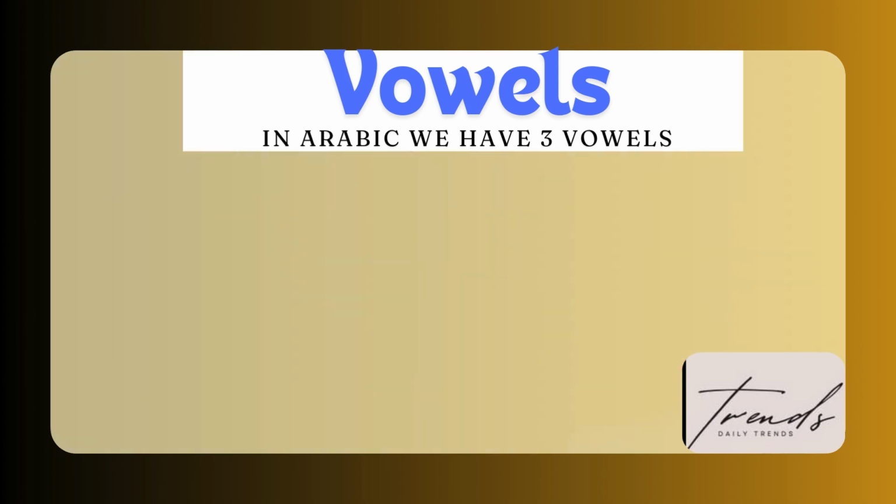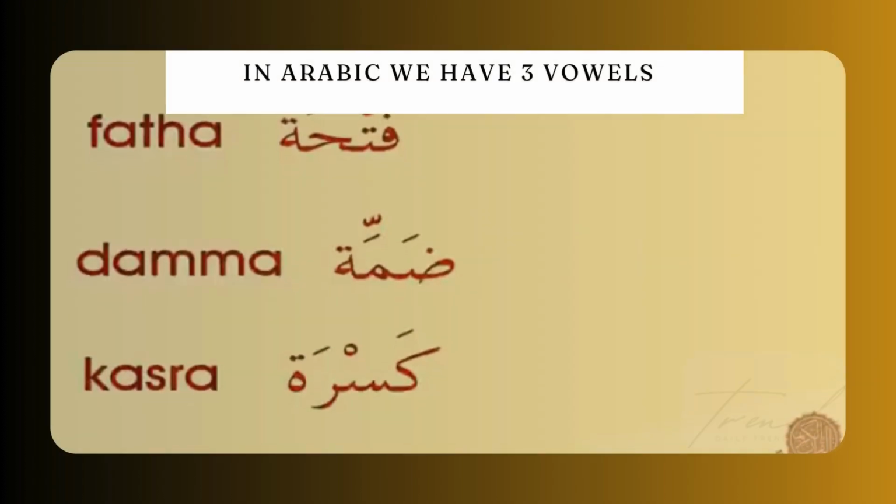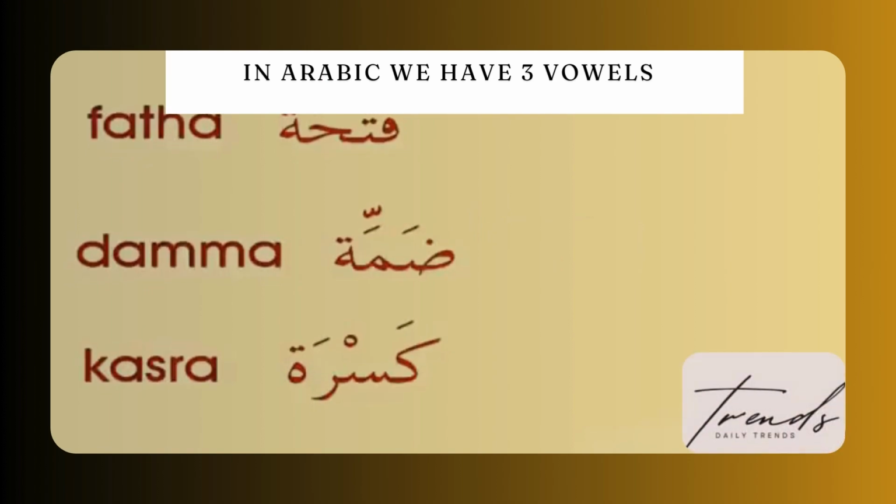Unlike English, in English we have 5 vowels: A, E, I, O, U. In Arabic we only have 3, and they are what is known as Fatha, Dhamma and Kasra. So let's first of all just understand how they're written.